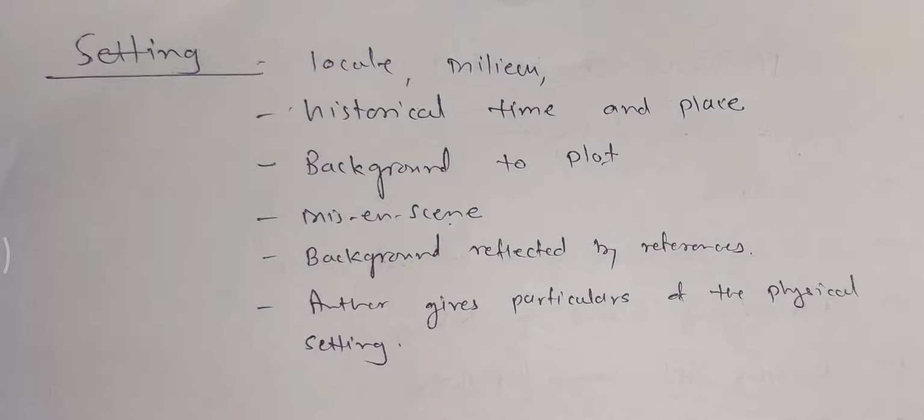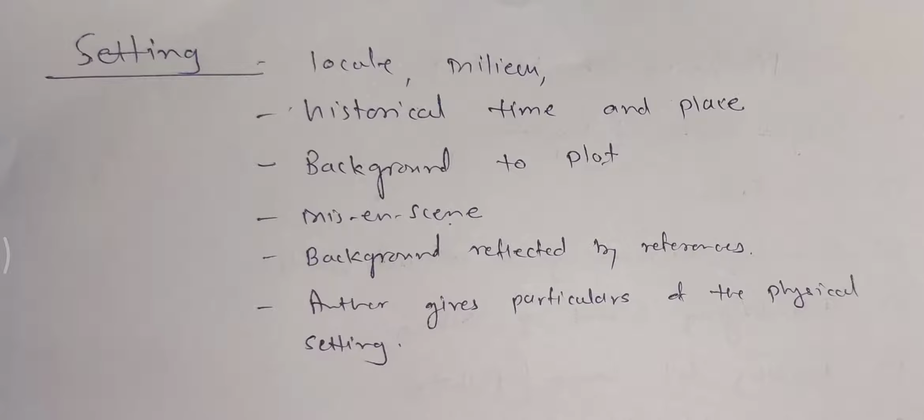So the elements of novel is the topic, and the next important and very interesting element is setting. As we have seen, setting is a locale or the description of the milieu.